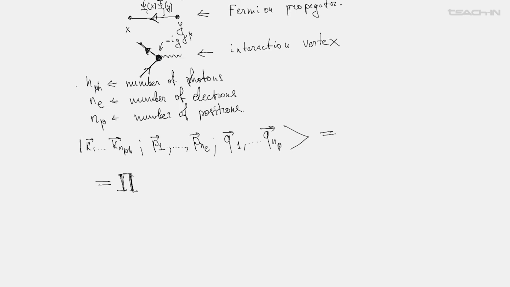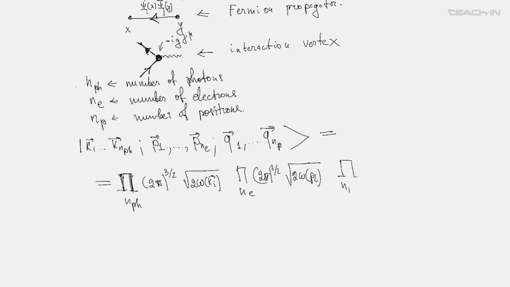And if you want this state to be relativistically covariant, then we need to introduce the corresponding relativistic prefactors for photons, for electrons, like this, and then for positrons, like this. Q for positrons, and then the corresponding creation operators.